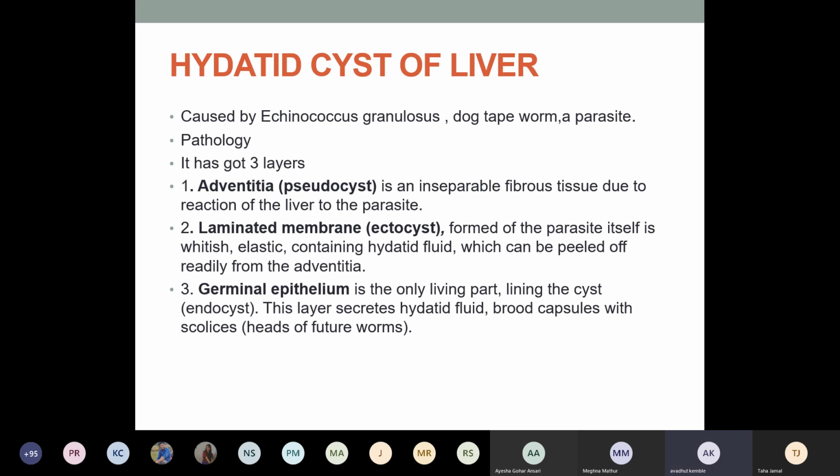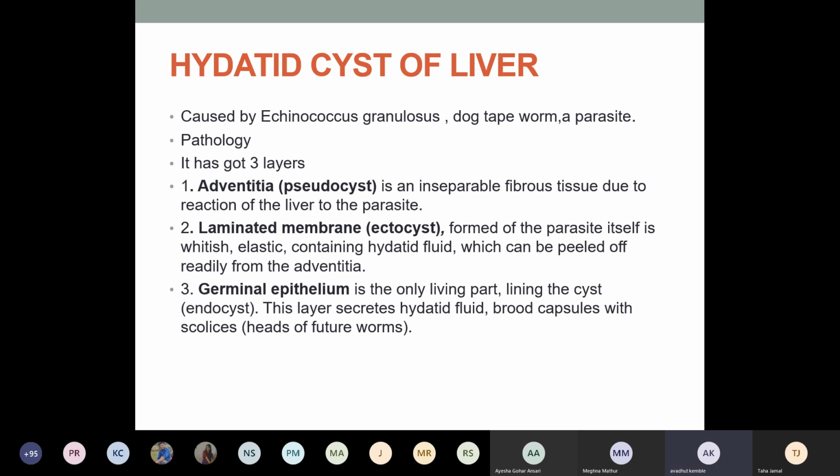In spite of this, no other organ is immune to the disease. All over the world, even intermuscular hydatid cysts, hydatid cysts within the brain, hydatid cysts in the orbital cavity have been reported.